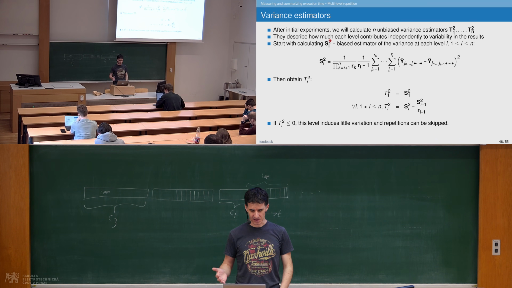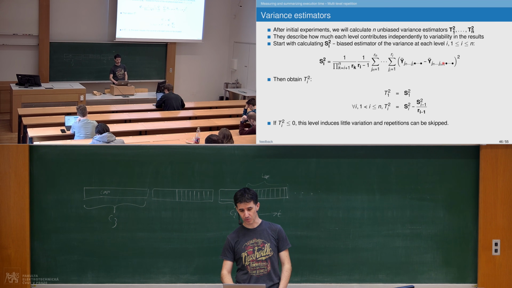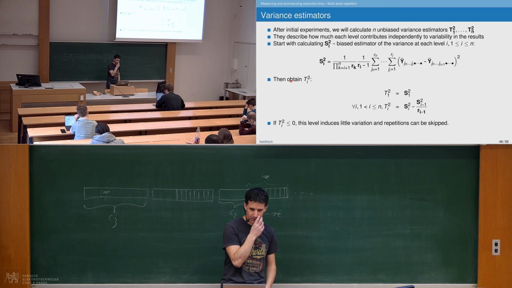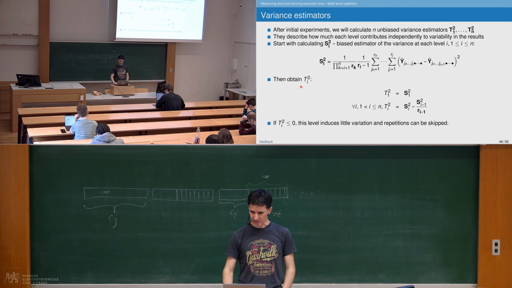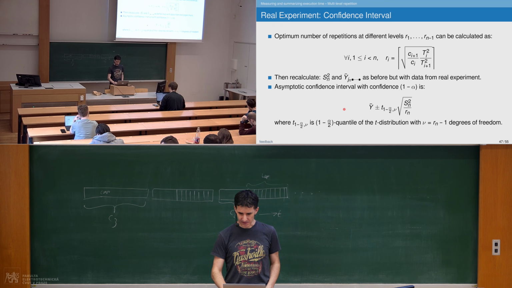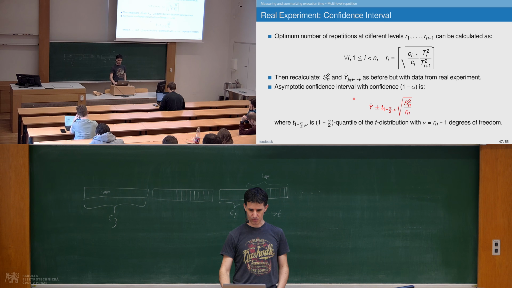This is some statistics. First, you will have to calculate what's called the biased estimator of the variance at each level, which is calculated according to this formula. Then you obtain some value ti squared. And finally, you will just calculate confidence intervals like this.